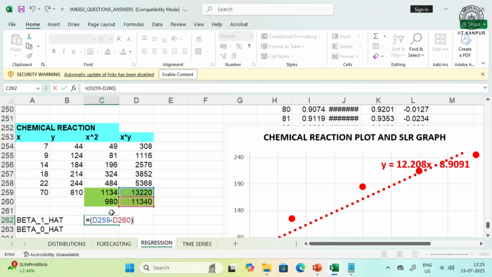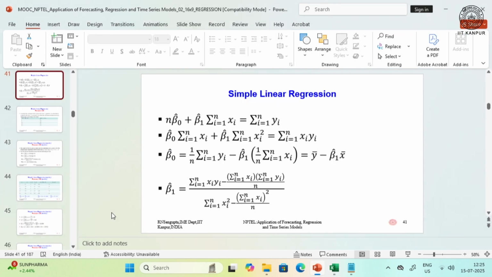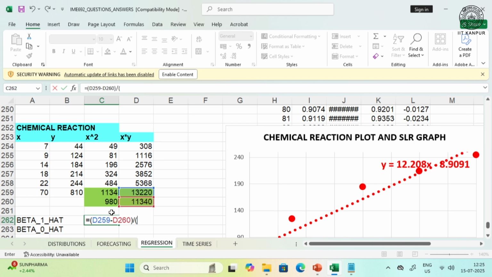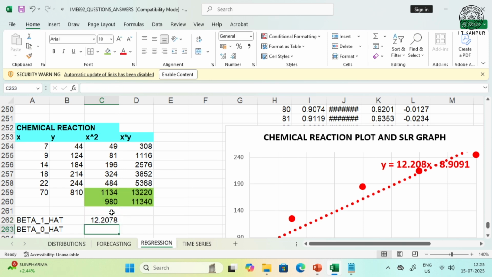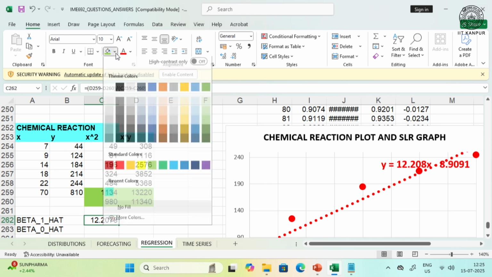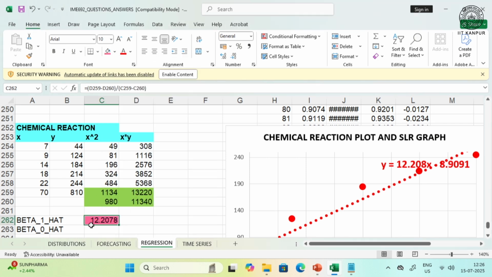So, this is done. This is the numerator, and in the denominator you have xi whole square, which is this, minus this. So this is the value of beta 1 hat, and very interestingly, I will mark it with, say, pink.